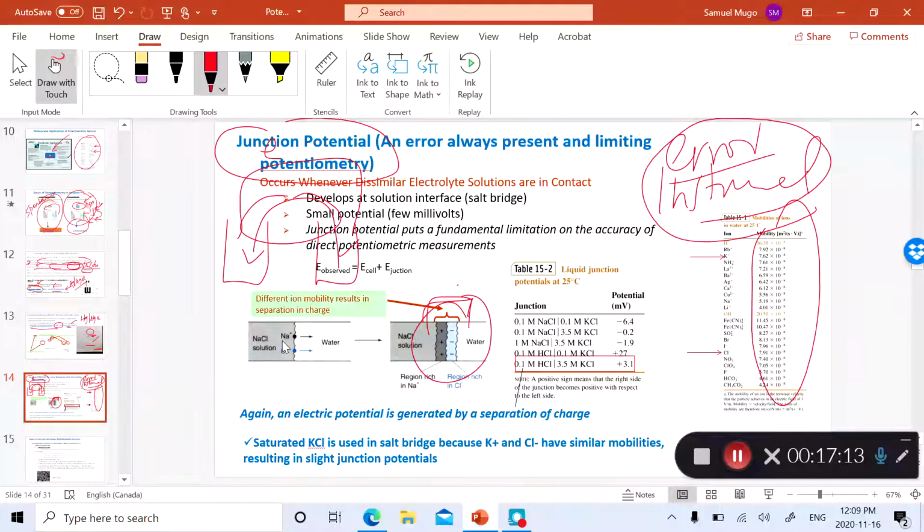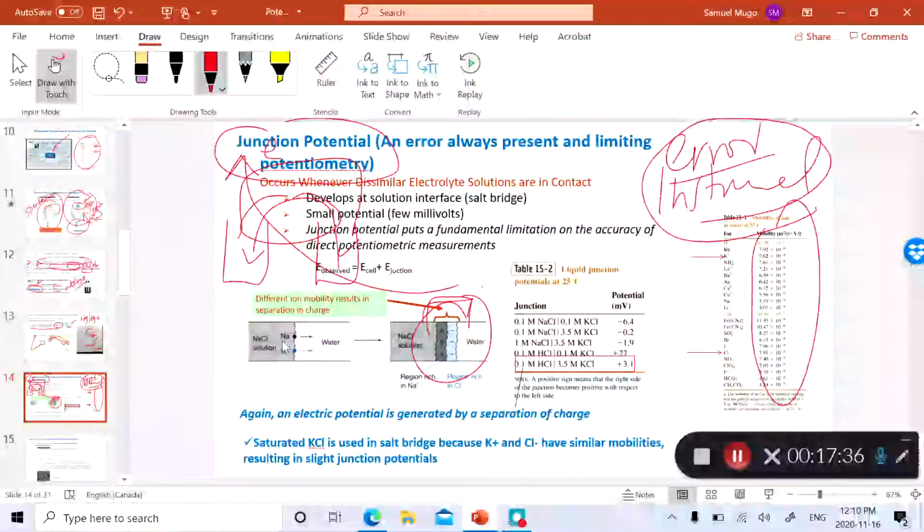This charge separation is what you refer to as the junction potential. Remember, that junction potential is an error. That's why if you take a pH electrode or any other potentiometric sensor, it's always jumping around, because of the mobility of the ions that cause a charge separation.